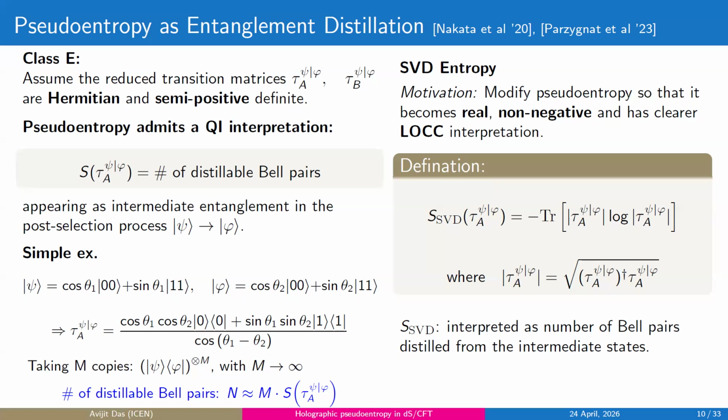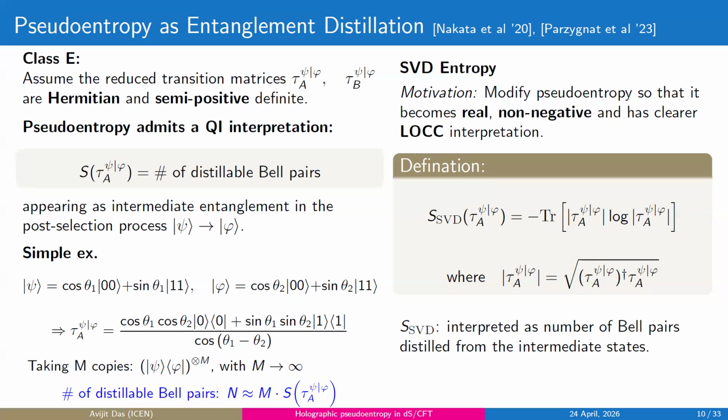But you can say then, if I want to define a quantity which will always give you a quantum information measurement, then there is this SVD entropy, which is like a generalization of this pseudoentropy, but for the real setting. So what you do is basically take the modulus of this transition matrix. I have told you that this can be complex. So you take the transition matrix, multiply with its conjugate, and then take the square root.